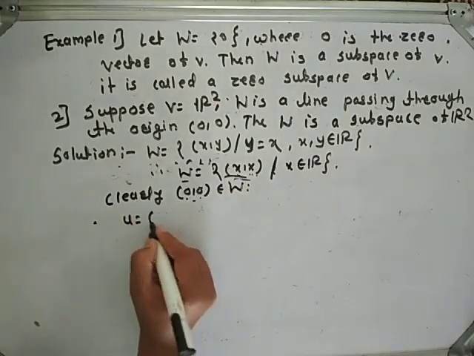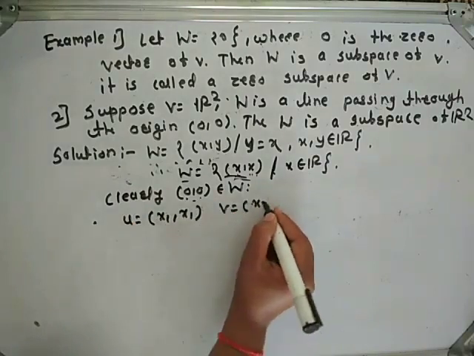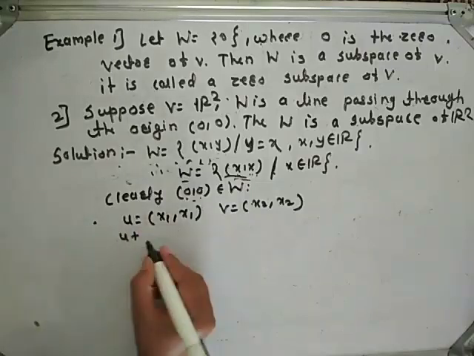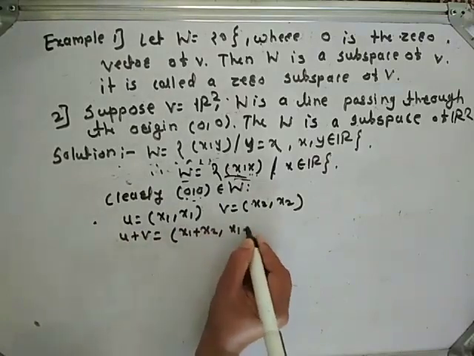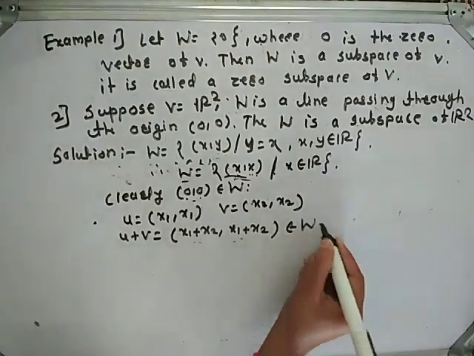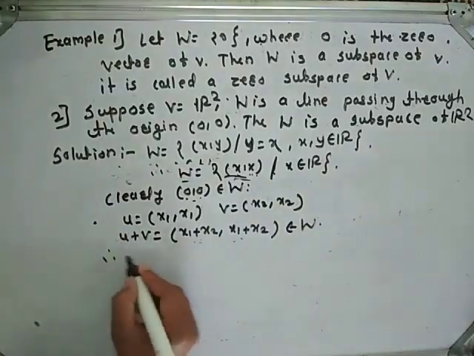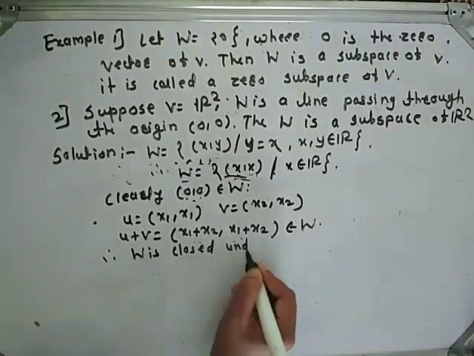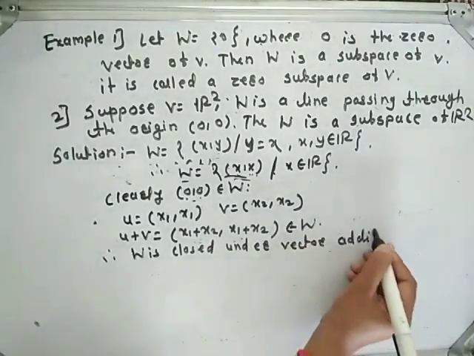If you take u equal to (x1, x1) and v equal to (x2, x2), then u plus v equals (x1 plus x2, x1 plus x2), meaning x and y coordinates are the same. That's why this belongs to W. Therefore W is closed under vector addition.